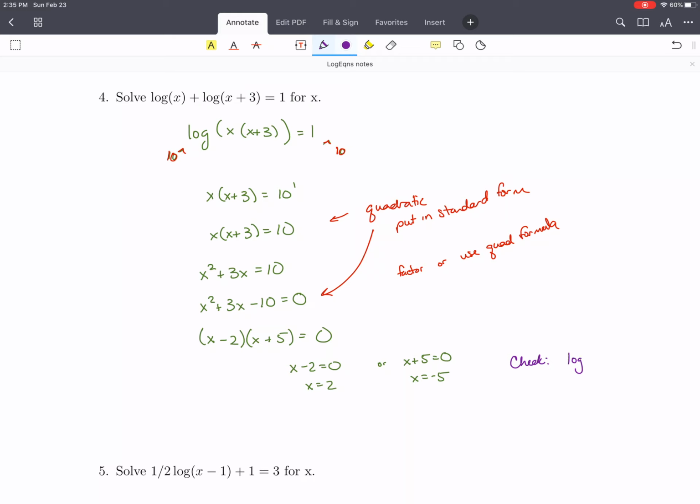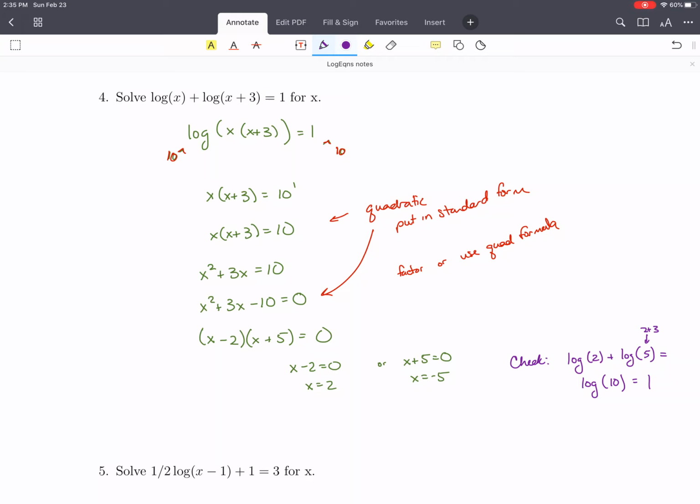if I do the common log of 2 plus the common log of 5, so that 5 is coming from 2 plus 3, that's going to be the common log of 2 times 5, or common log of 10. And the common log of 10 is just the exponent 1.